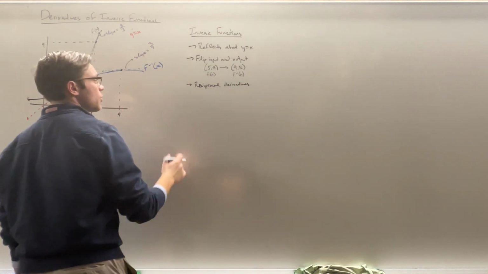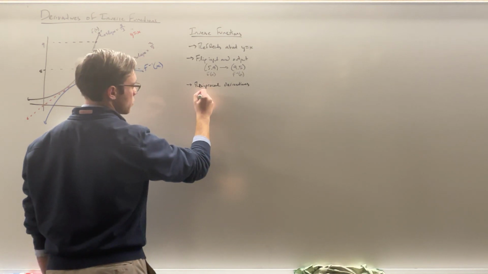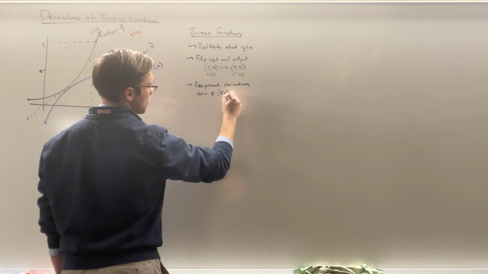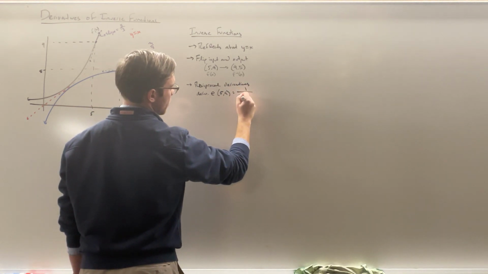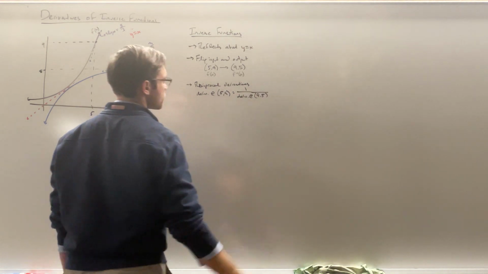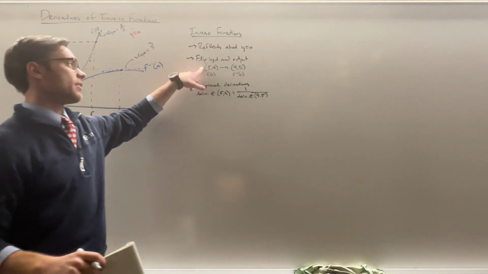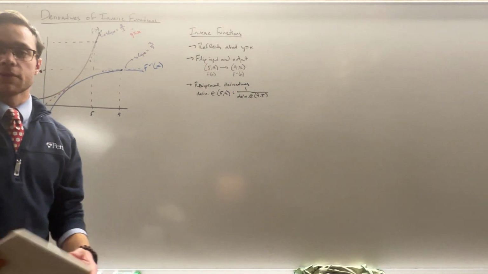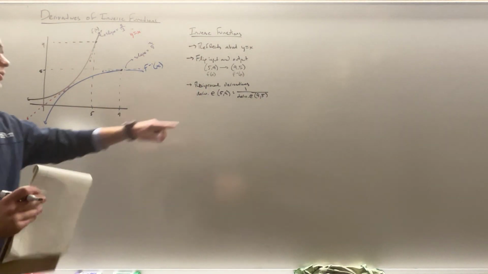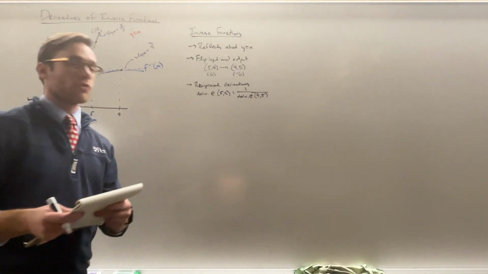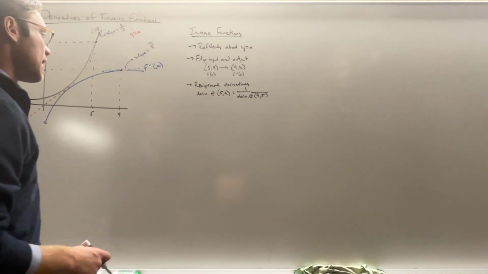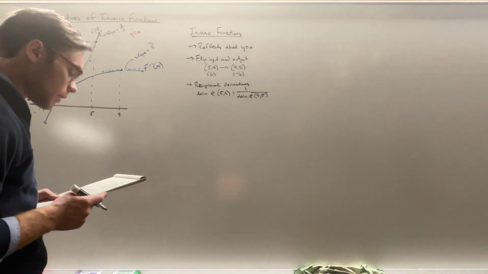You could say the derivative at 5, 9 is 1 over the derivative at 9, 5. So the derivative at 5, 9 is equal to 1 over the derivative at 9, 5. All right, good.